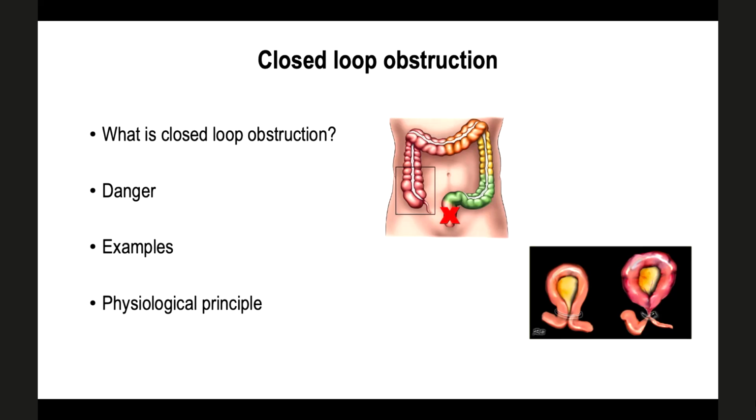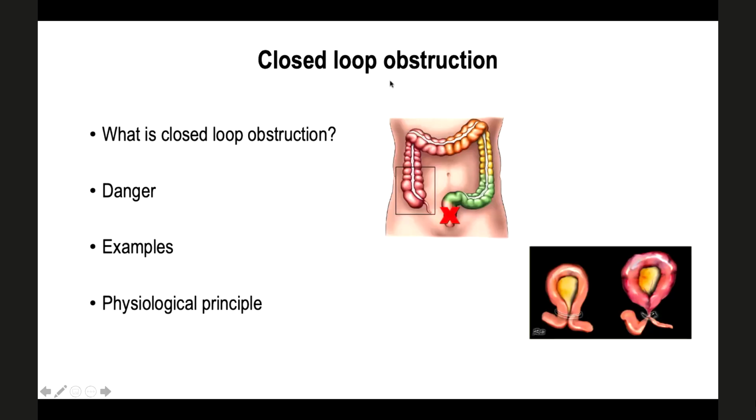Usually you have obstruction in one area, and the proximal small bowel or large bowel dilates like that. If there is constriction at 2 ends for any reason, that is called closed loop intestinal obstruction.